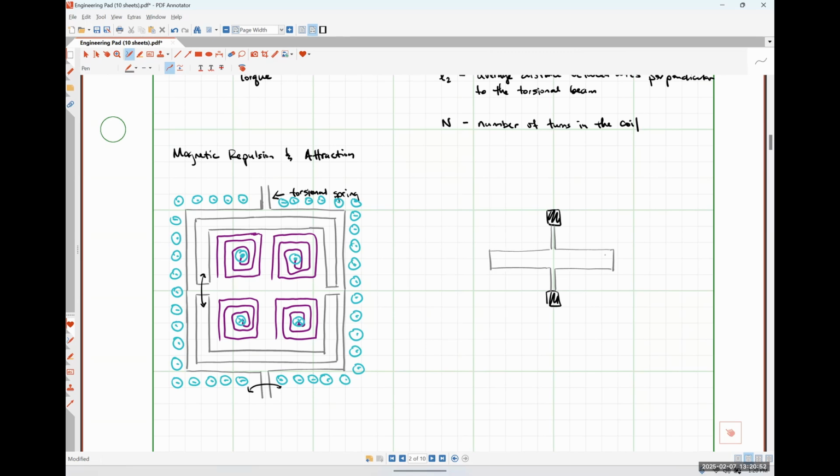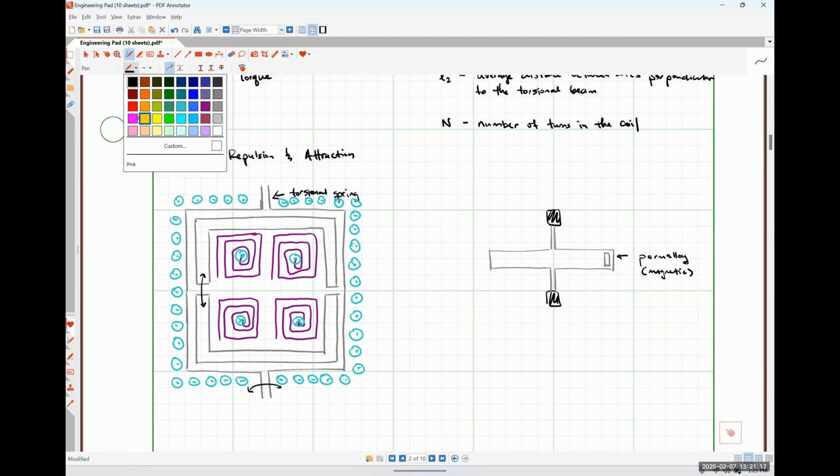I'm going to put a little divot into here, and you'll see the divot when I draw this in a side view here in just a second, where this cantilever was made out of a material called permalloy, and it is magnetic. Okay.